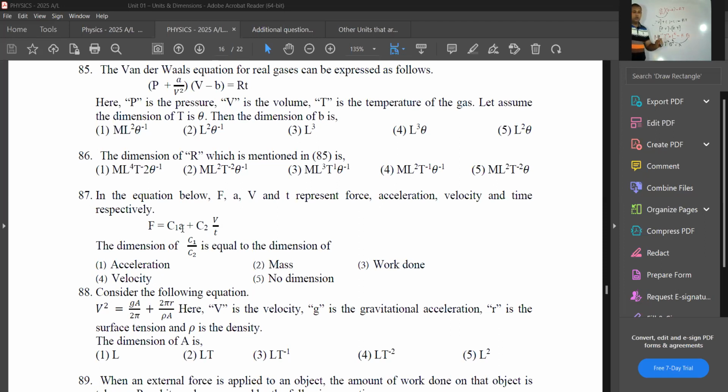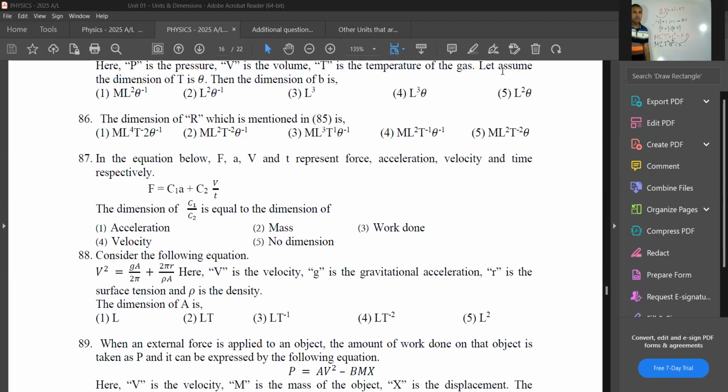If you know the famous equation for force, force is equal to MA, no? So if there is A, then definitely the other quantity should be a mass. So C1 should be a mass, according to the F equals MA equation.